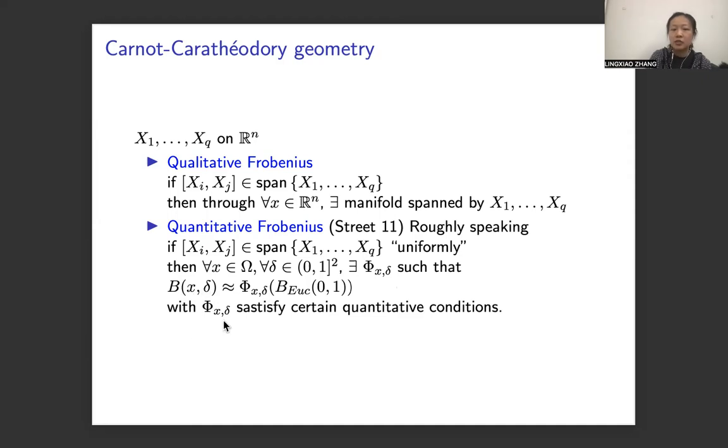And this local diffeomorphism satisfies certain quantitative conditions.